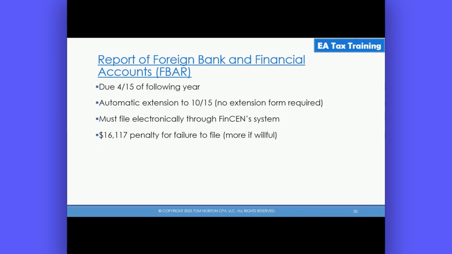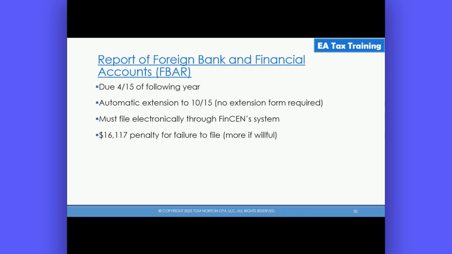If you are interested in tax-related court cases, there was actually a United States Supreme Court case that came out recently that had to do with this. This penalty, the $16,117, used to be $10,000. It's now gone up. They're going to be raising it now with inflation. But it used to be $10,000 if you did not file your FBAR.